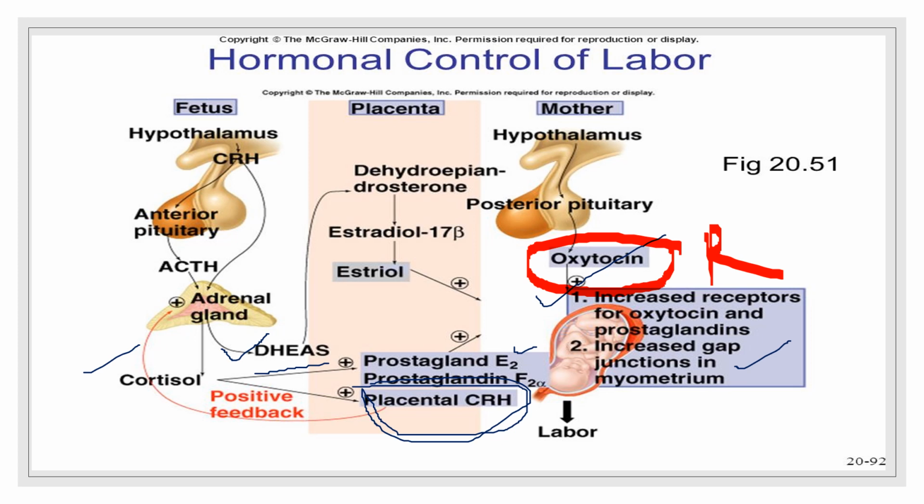It enhances dehydroepiandrosterone and the formation of estrogen. This is very important because it increases the excitability of the uterus by increasing the gap junctions, by increasing the oxytocin receptors, and by secreting prostaglandins. And what is the role of cortisol just before labor? This cortisol hastens the maturation of the respiratory system of the fetus. These points are all very important.